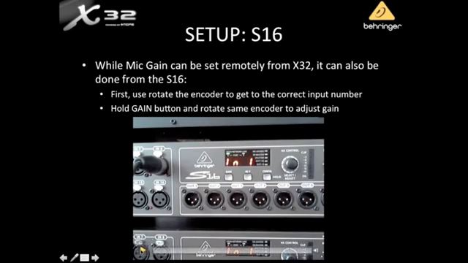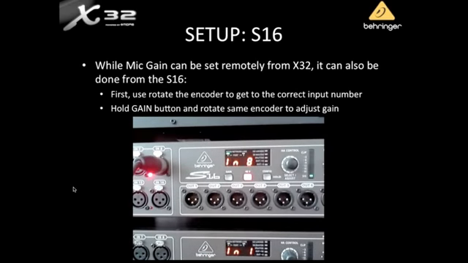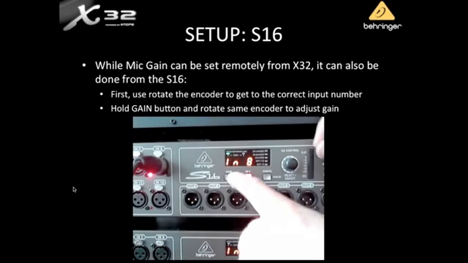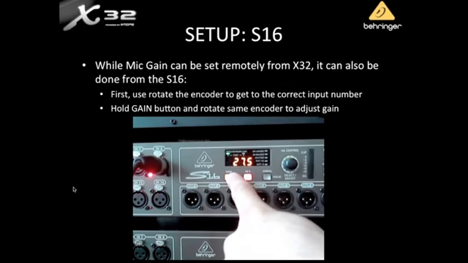It's actually really clear when you see it. We're going to highlight 8 because that's where my mic is plugged in. Now I'm going to turn on phantom power because it's a condenser microphone. And I can press gain and go ahead and crank that gain up. So it's pretty simple, and you can see I'm getting a higher signal now into the S16.